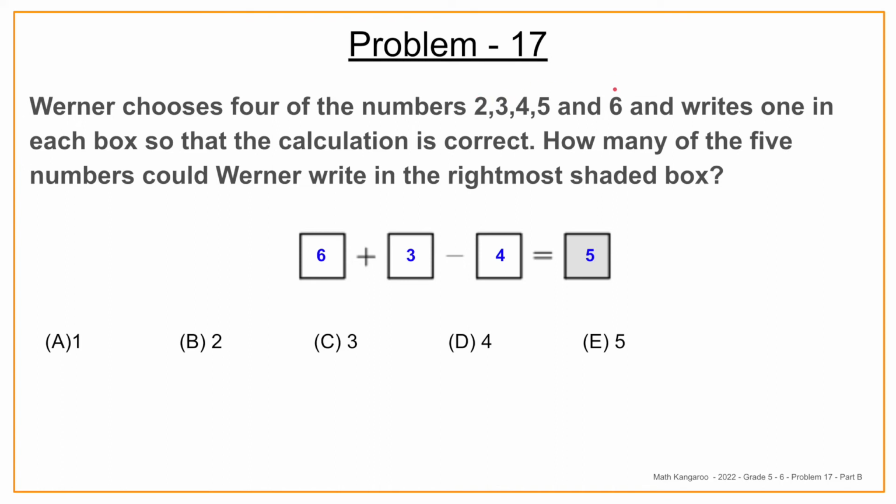Now let us try the last number, 6, in the shaded box. We say 4 plus 5, that is 9, and 9 minus 3 gives us 6. So all these numbers are possible options in the shaded area. So our answer is option E, 5.